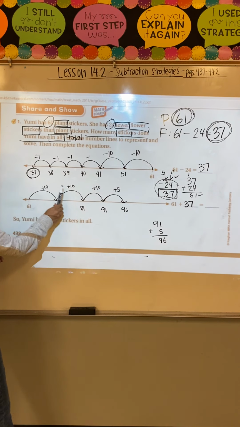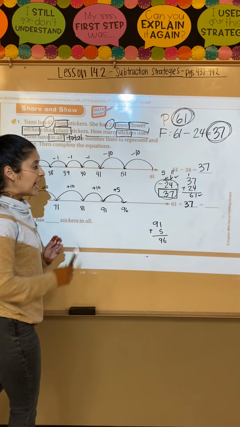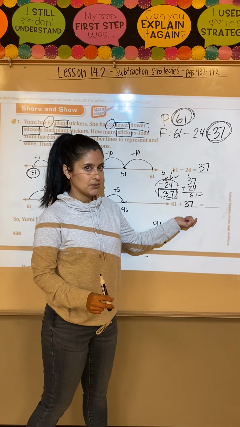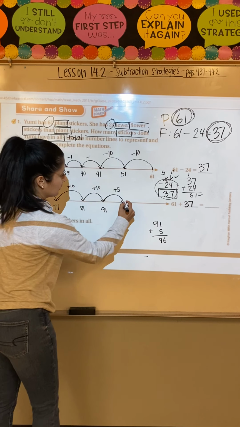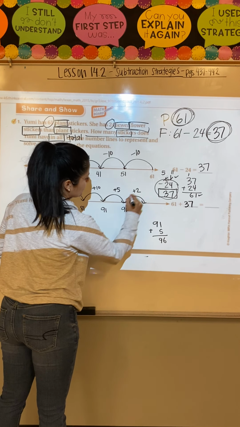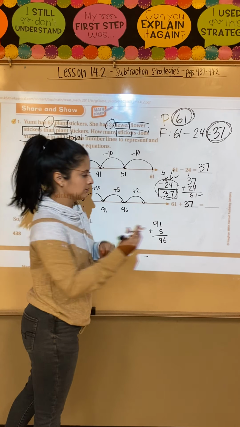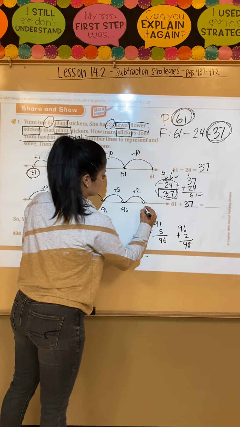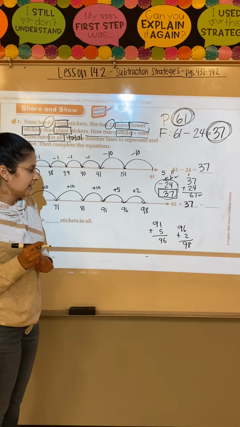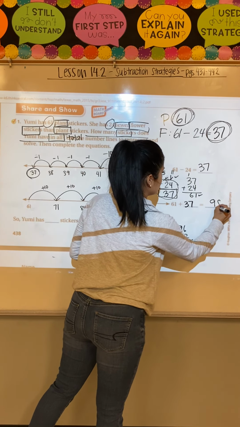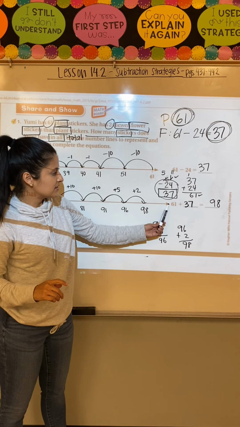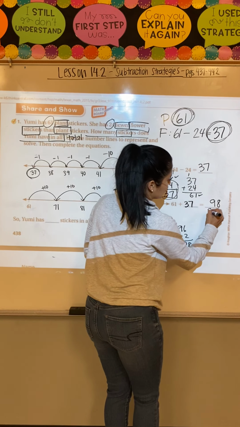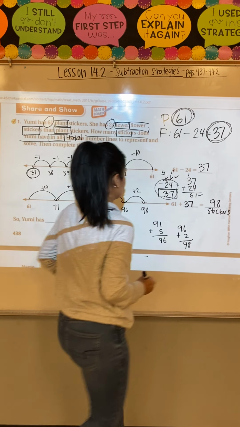So we've added 10, 20, 30, 5. I've added 35. How much more until we get to 37? 2 more. 96 plus 2 more. Did you get 98? All right, so this is saying 61 plant stickers plus 37 flower stickers is 98 stickers in all.